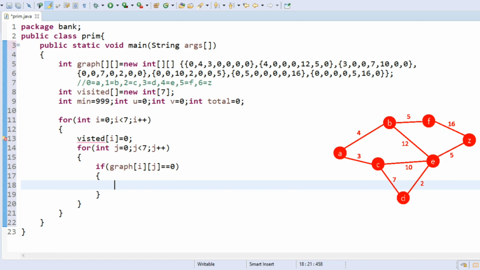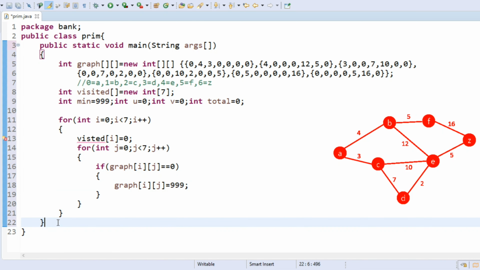In that case we are setting graph of i and j equals 999. So when the node value is empty, we are taking the value as 999. Okay, I think you understood it.